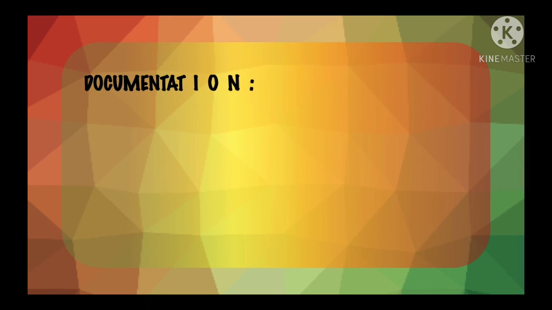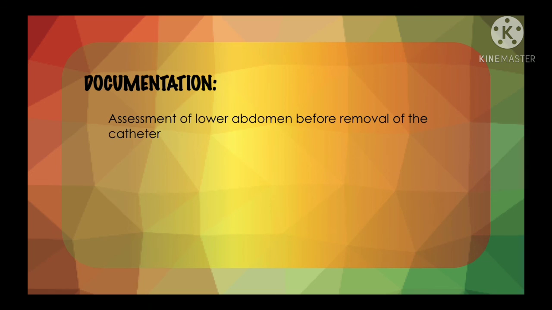For documentation, document the assessment of the lower abdomen before the removal of the catheter. Document the assessment of the genitalia and note for any abnormalities if there are any.